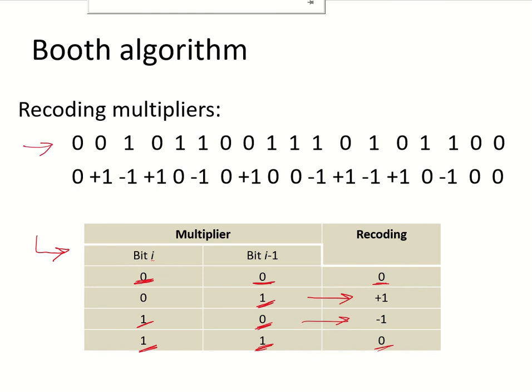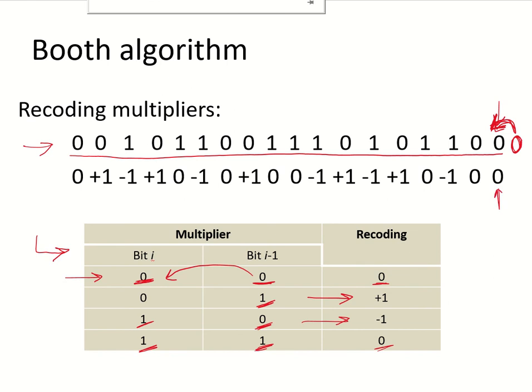Let's take this example. This is the multiplier that we have, and we will see how it can be recoded. First we will assume that there was an invisible 0 at the end. Now we are going from this invisible bit to the first bit, which is 0 to 0, so the recoding would be 0.